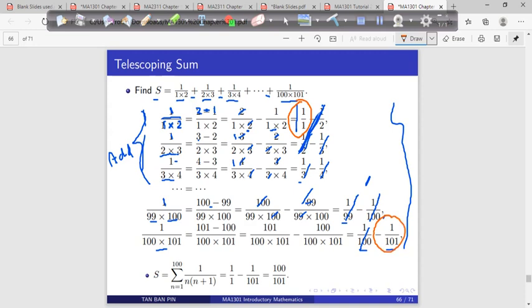So that's why the sum is just 1 over 1 minus 1 over 101, which gives you 100 over 101. So you'll find that by making this observation, you can write each fraction, each term here you want to sum, into a difference of two terms, and then they cancel out nicely when you add, and you're only left with the first term and the last term.